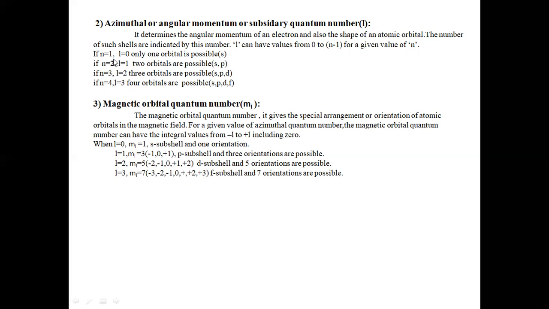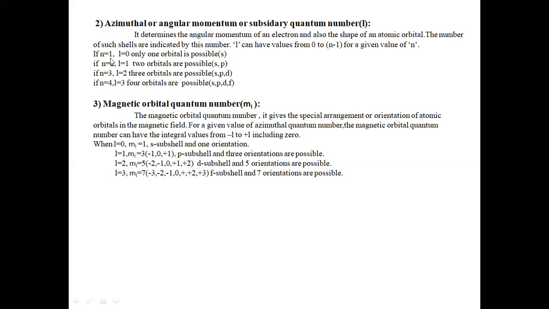If n is equal to 2, then 2 minus 1 will be 1, that is l equal to 1. If n is equal to 3, then 3 minus 1 will be 2, that is l equal to 2. If n is equal to 4, then 4 minus 1 will be 3, so l will be equal to 3.